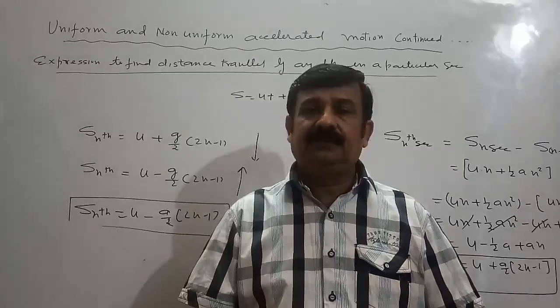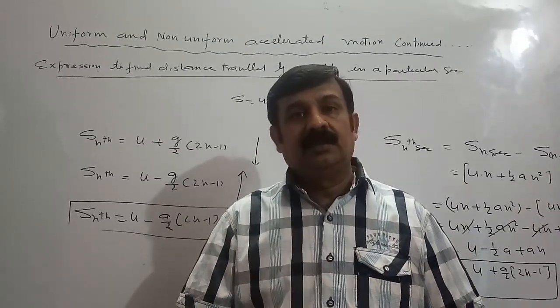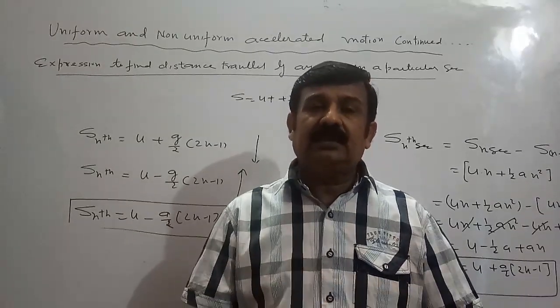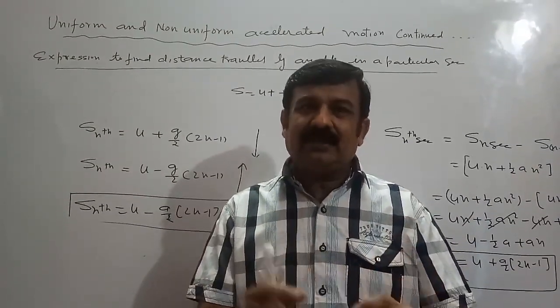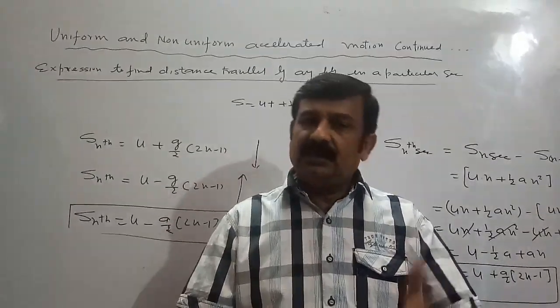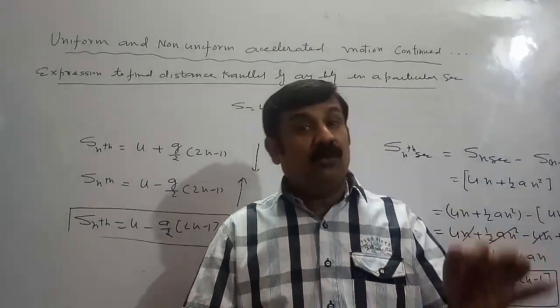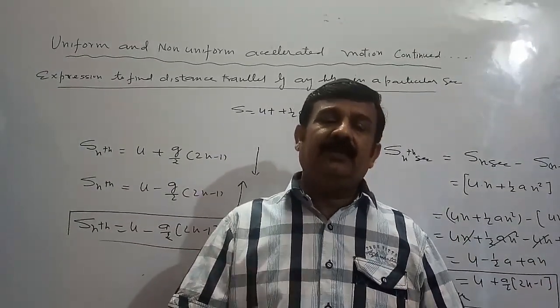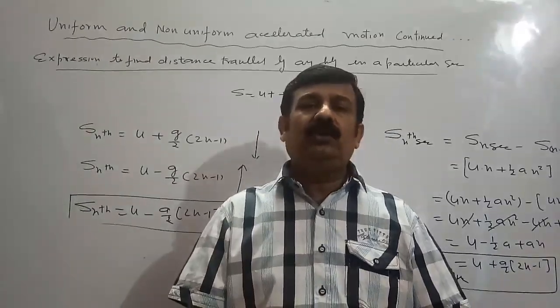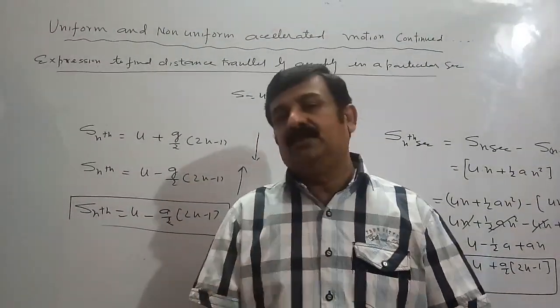It was a short lecture. Now my next video lecture is very important, in which we discuss how we use the calculus method to describe motion. Because you know that if a body is having non-uniform accelerated motion, either we can use the graphical method to find the parameters, or we will use the calculus method.